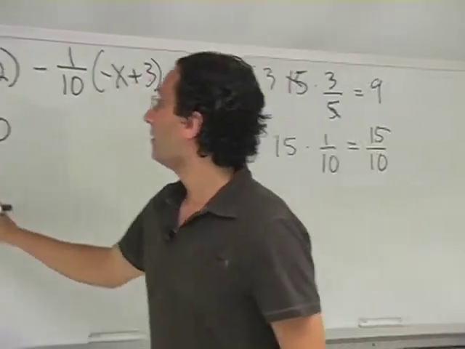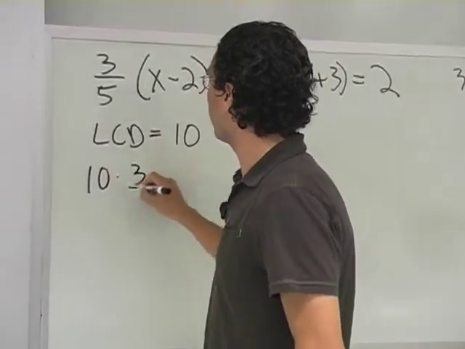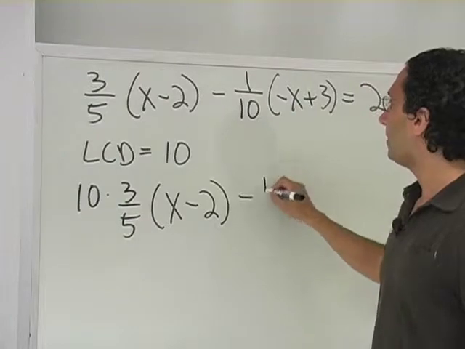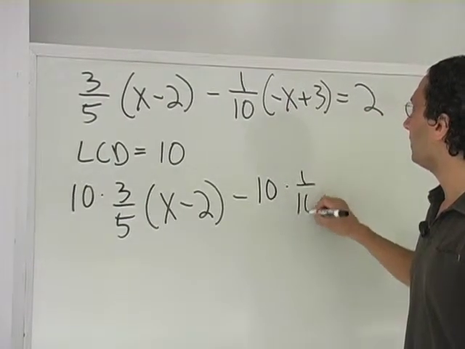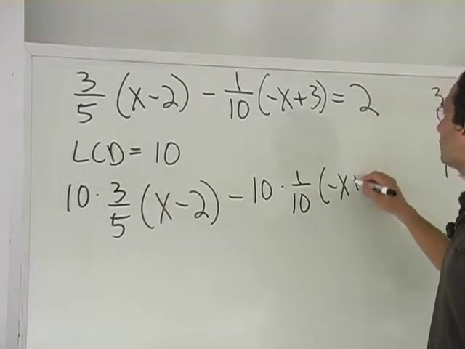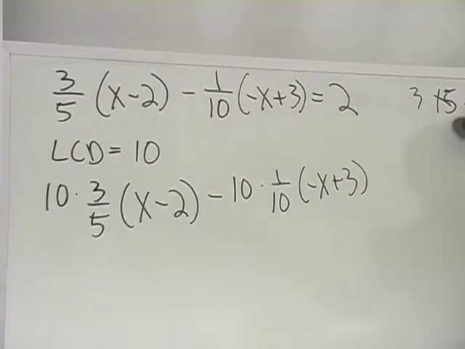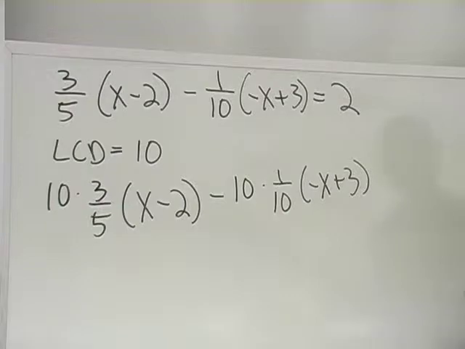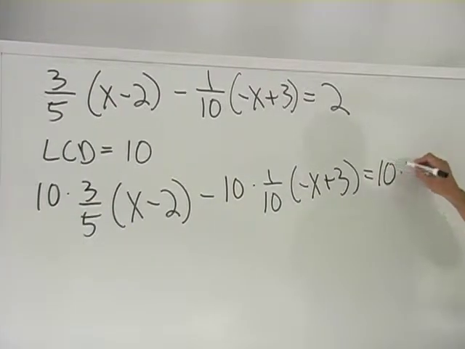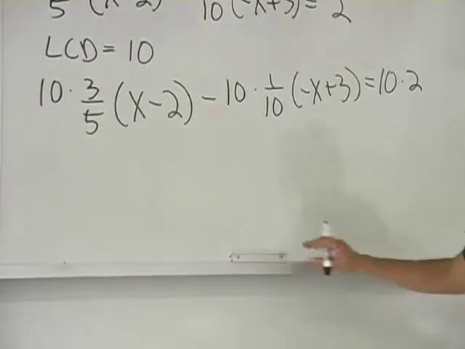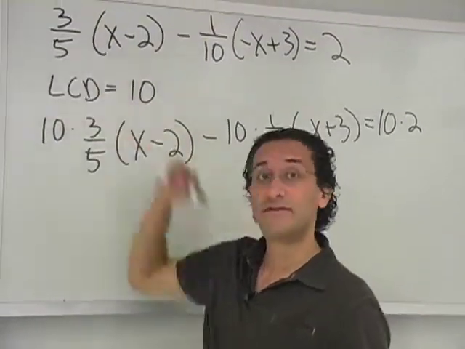So what happens? Well, 10 times 3 over 5 times x minus 2, minus 10 times 1 over 10 times minus x plus 3, then equals 10 times 2. Well, again, we picked this number because 5 divides into it.